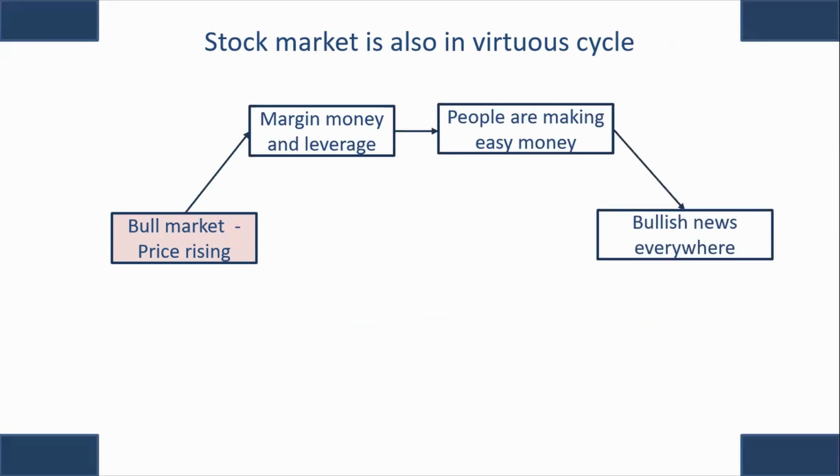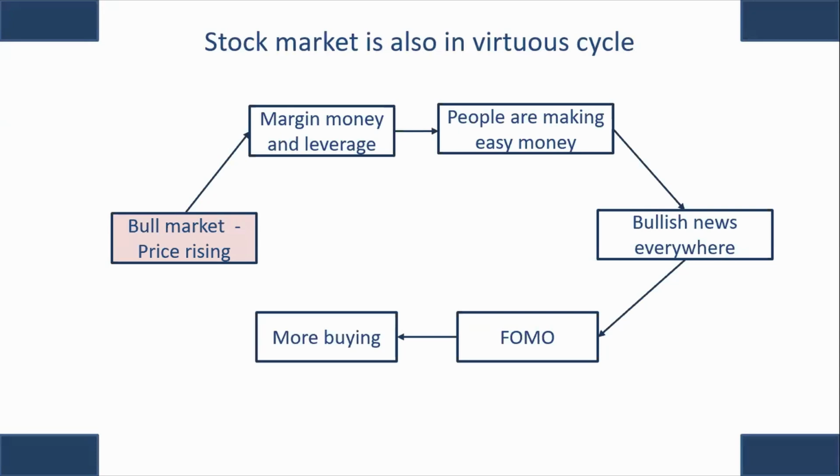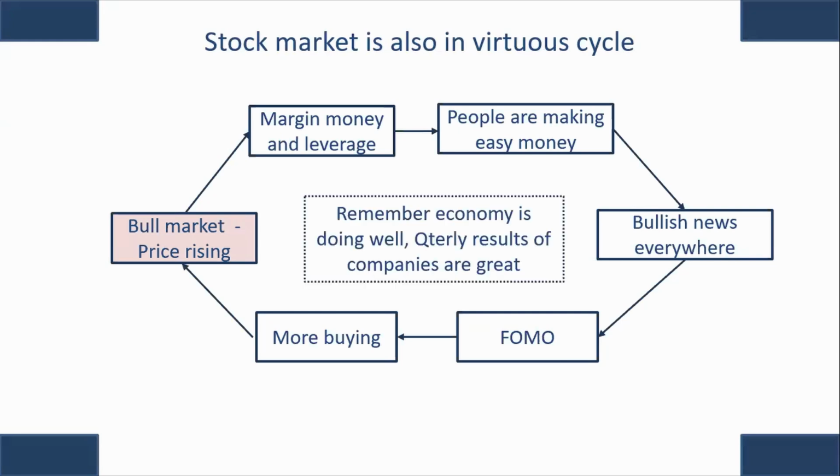There is bullish news everywhere, and it is creating FOMO in the rest of the people who are conservative, who have not invested, and they start investing, and that increases the buying, which further increases the price rise in the market. And also remember that the economy is also doing well, and quarterly results of companies are coming out great. So that is also fueling the market sentiments.